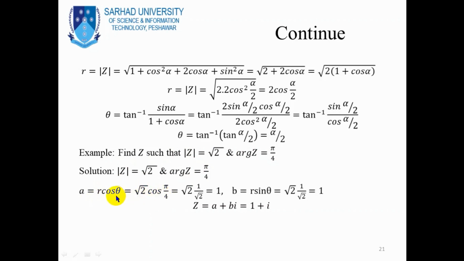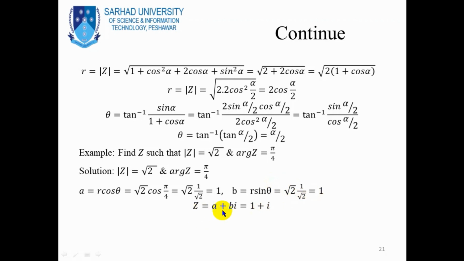Here r is actually the magnitude of the complex number. So a is equal to r cos theta, which is equal to under root 2 cos pi by 4, which is equal to under root 2 into 1 over under root 2, the under root 2 cancels, we obtain 1. And b is equal to r sin theta is equal to under root 2 into 1 over under root 2, the under root 2 cancels, which is equal to 1.